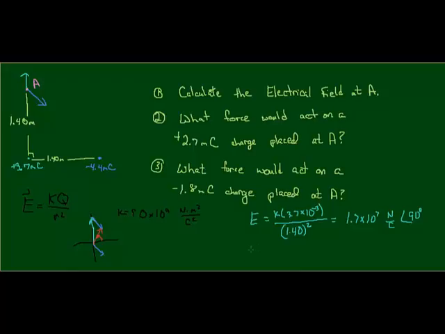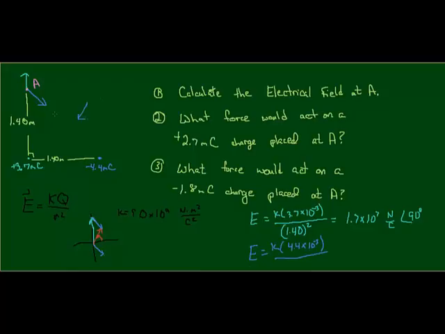This negative charge right here is going to create a field down towards it, and that field is going to be K times 4.4 times 10 to the negative 3. The negative sign is not put in my equation, it's used to tell me the direction. Now r, what's the distance between here and here? What's the distance along that triangle right here?